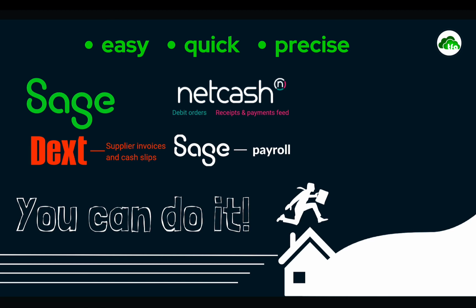For the independent estate agent who needs a cloud accounting system, as they would have to generate regular profit and loss reports for tax and other purposes, my preferred product is Sage Cloud Accounting combined with Dext. And for those who have employees, I recommend Sage Cloud Payroll. For the estate agent to manage properties in addition to their selling efforts, I would recommend adding Netcash to your arsenal of tools. All of these products will help you to do business easy, quick, and precise.